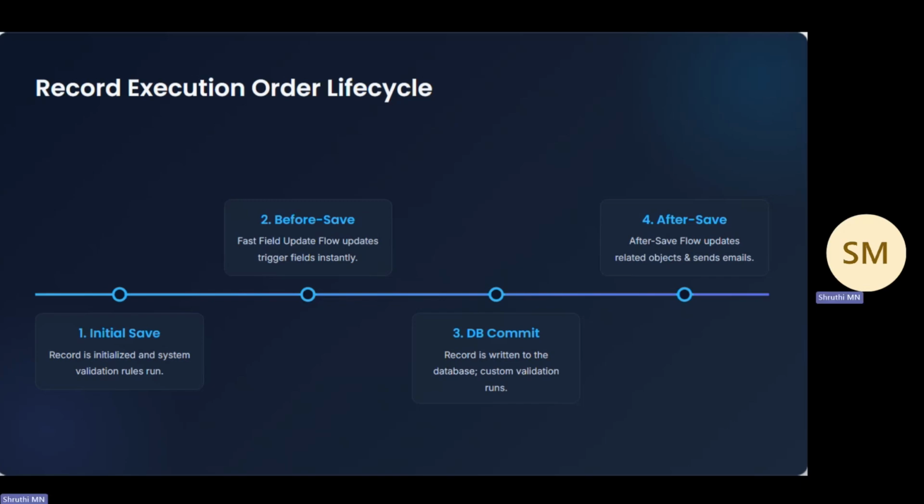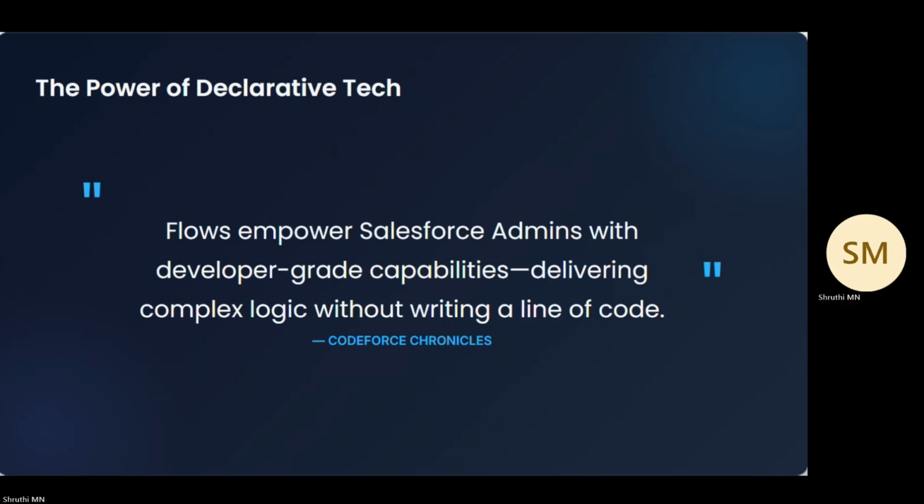The power of declarative technology. Now let's take a step back. Why is Salesforce Flow so powerful? Because it gives Salesforce admins capabilities that can handle complex business logic without requiring them to write traditional code. Think about that.